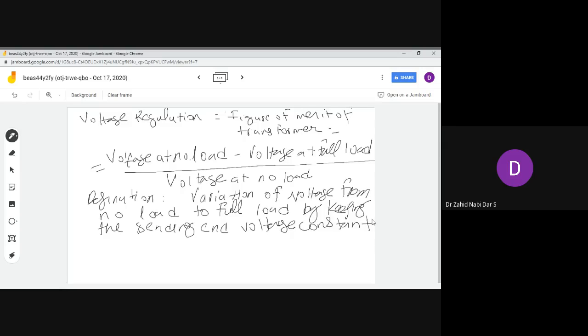This is very important. By keeping the sending end voltage constant, you have to keep the sending end voltage constant.